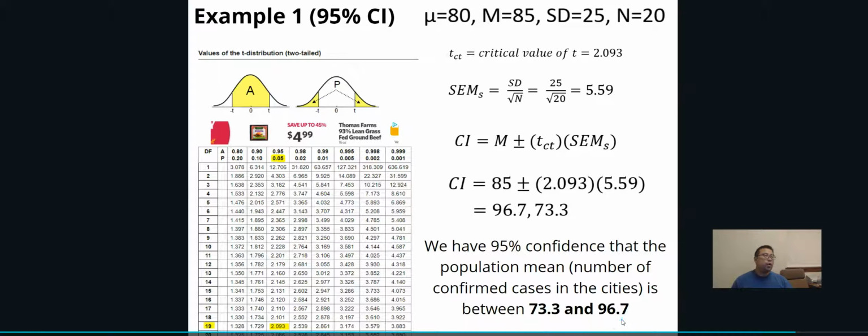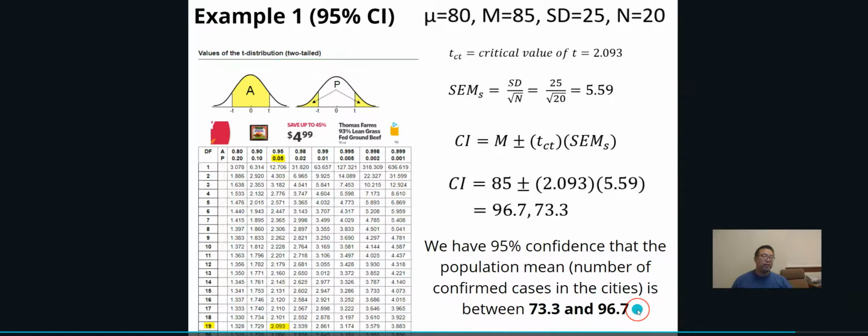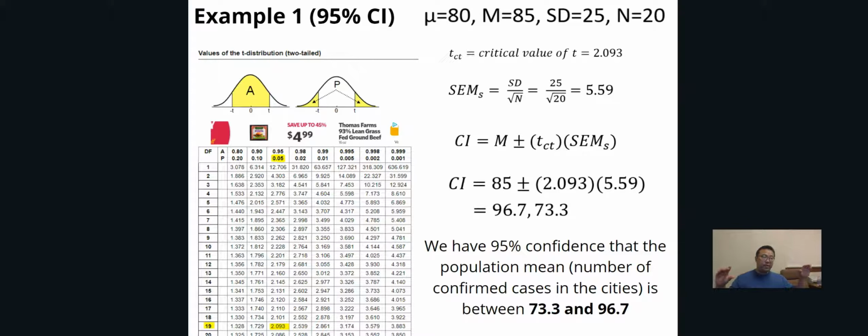So we have a range of about 23 points between those numbers as the possible range that captures the population mean.